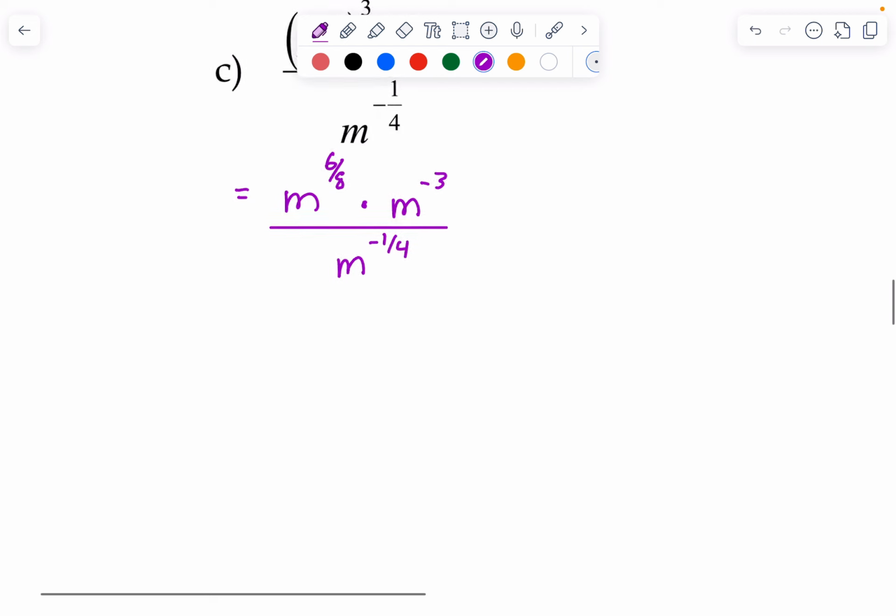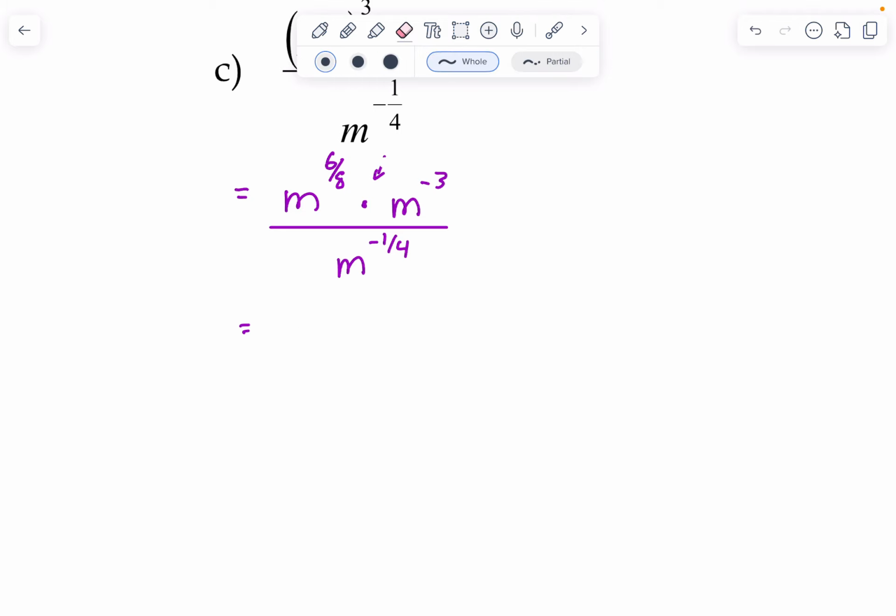Okay? Well, you're eventually going to get faster at doing these. You can see that we have same bases again, all m's. So we have a multiplication up top. So that means I will go m to the, and let me reduce that fraction, 6 over 8. So that's same as 3/4. Actually, you know what? I'll leave it here just so I don't do too many things in one step.